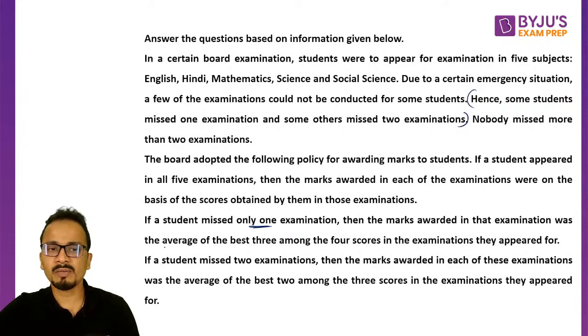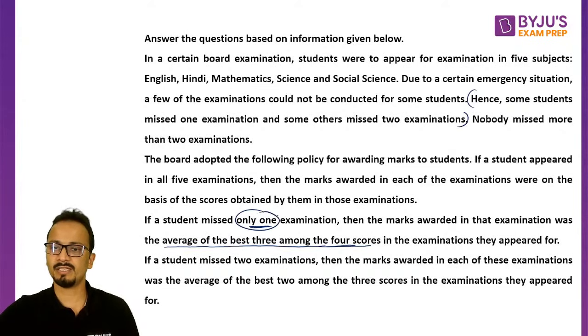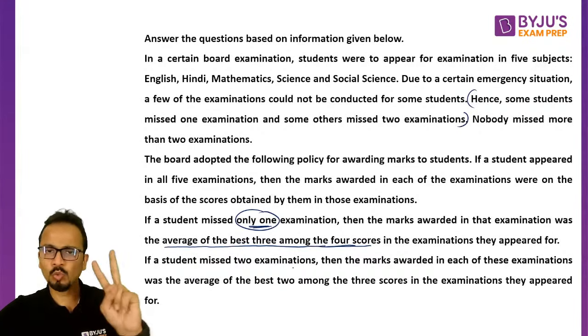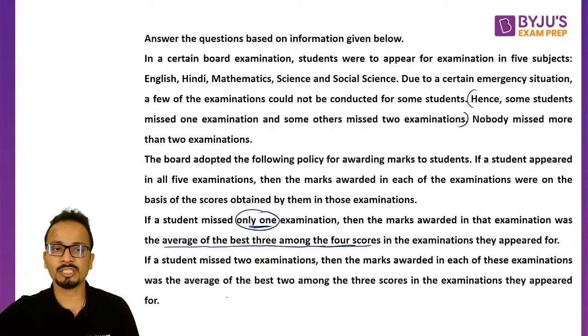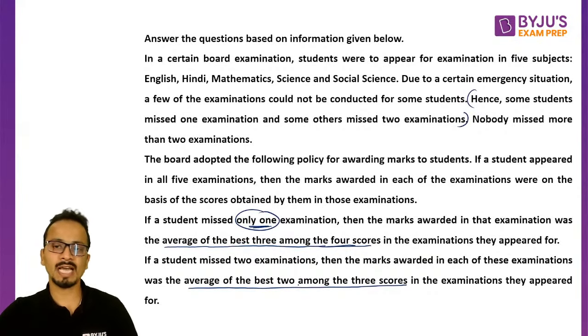So if I have missed one examination, then out of the 4 examinations that I have taken, they will be taking the average of the best 3 among the 4 scores. Okay, fine. Moving ahead, if a student missed 2 examinations, then the marks awarded in each of these examinations was the average of the best 2 among the 3 scores in the examinations that he appeared for.